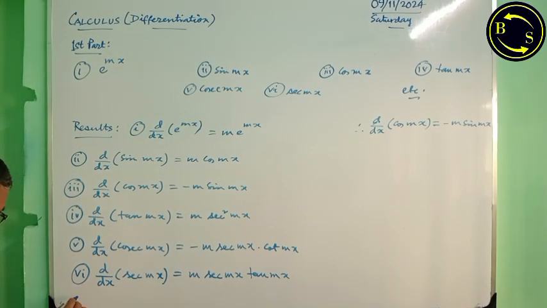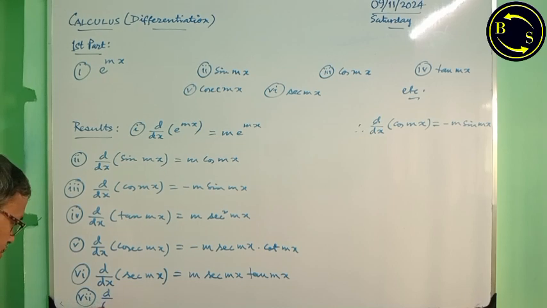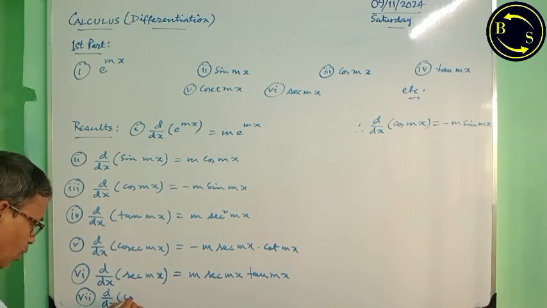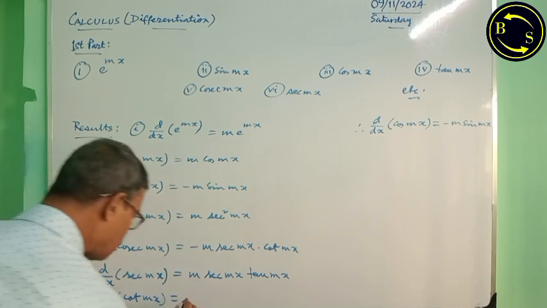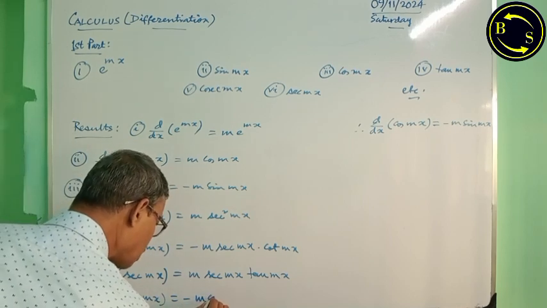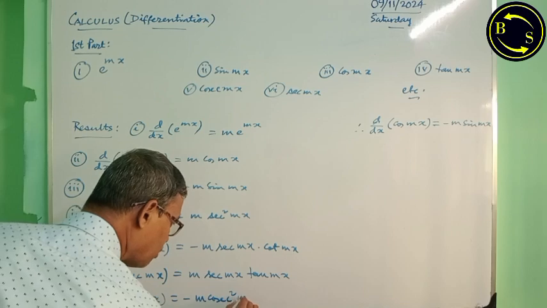Then number 7, d/dx of cot mx is equal to minus m cosec square mx.